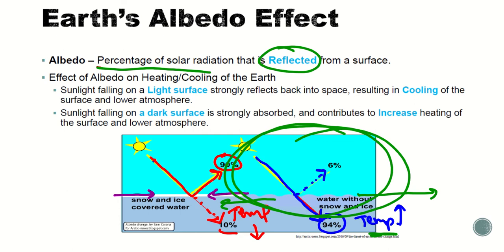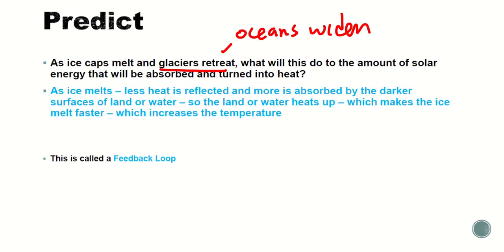So the surface temperature is increasing, and what's going to end up happening is it is going to make the ice melt faster, which will also have an impact on increasing the surface temperature. So we have kind of a huge domino effect or cause and effect relationship with, if you have more being absorbed, you have the surface temperature increasing, which makes ice melt faster.